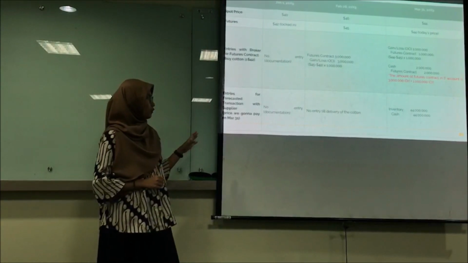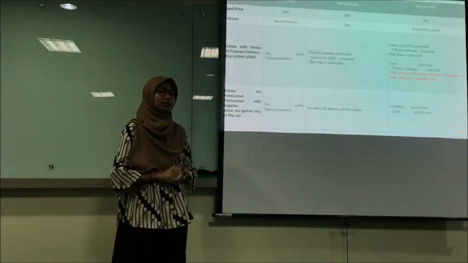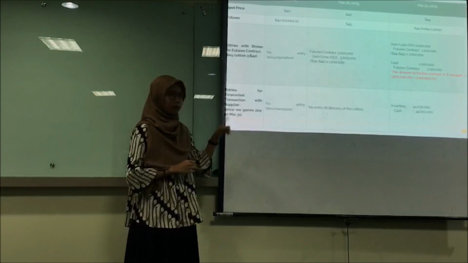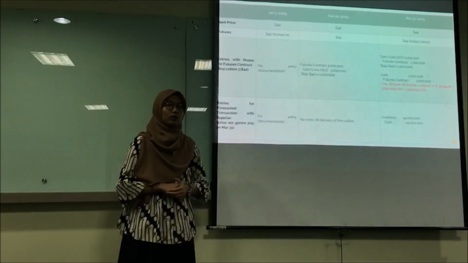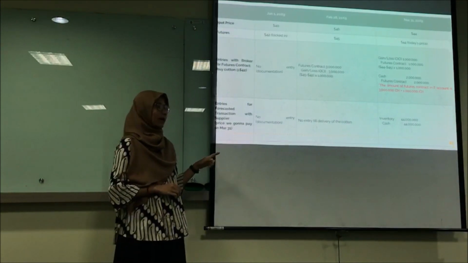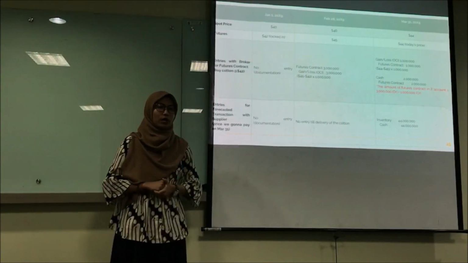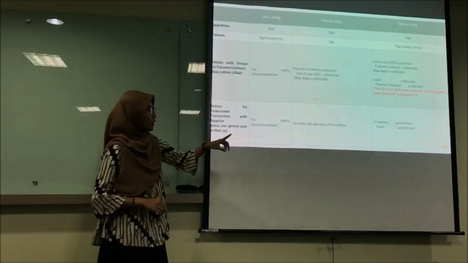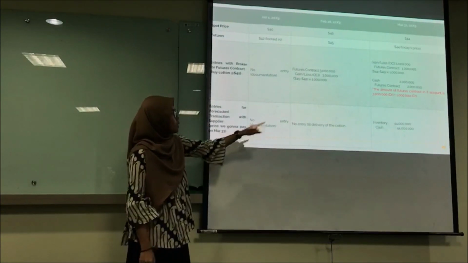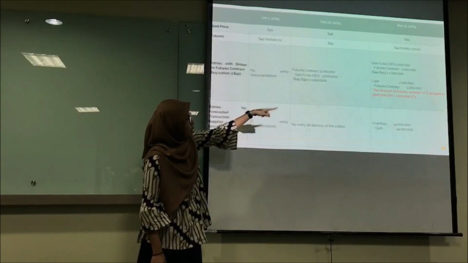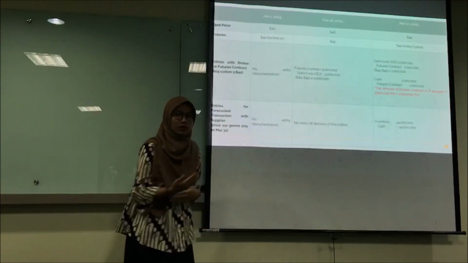And in entries for forecasted transaction, you debit inventory 44 million because the spot price of cotton is $44, and you credit cash because you're going to pay $44. We can see the net value of cash is $42 because the cash in the debit and cash in the credit are offsetting one another.